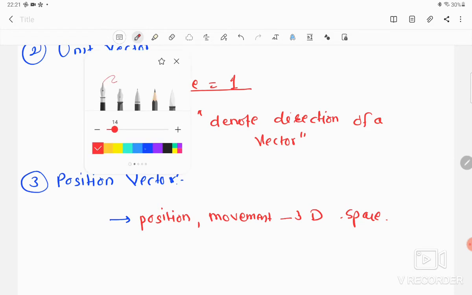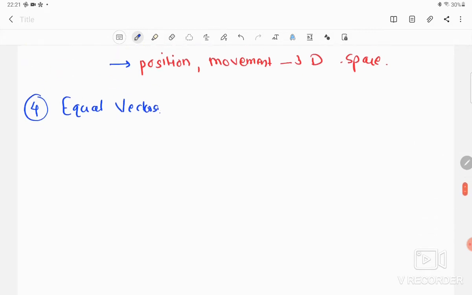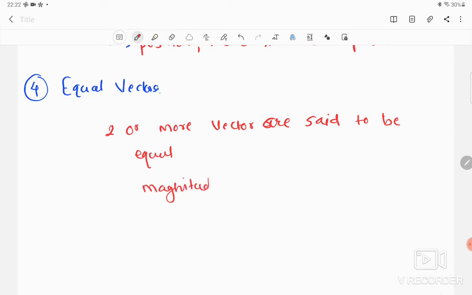The next type of vector is equal vectors. Two or more vectors are said to be equal if their magnitude and directions are equal.